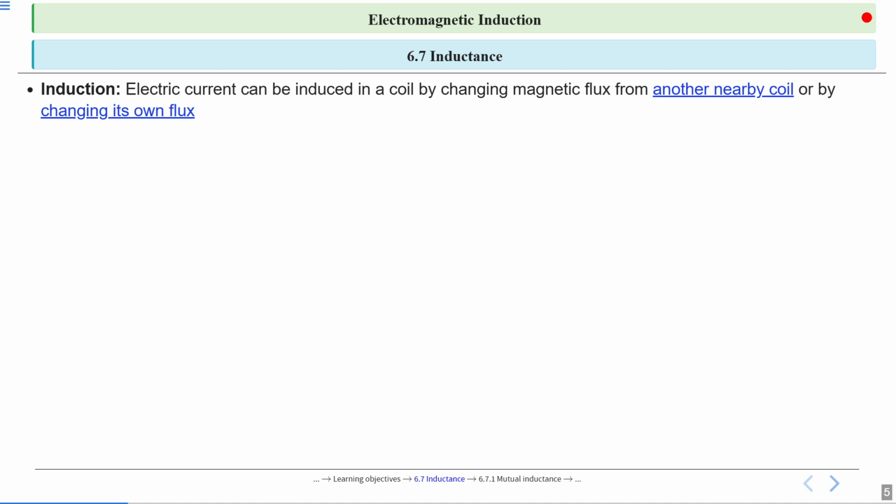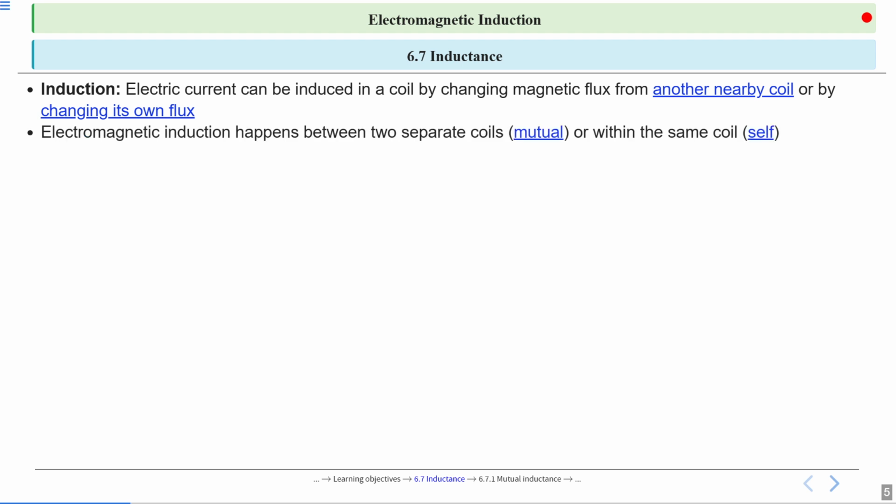Only one coil is there. We change the current or magnetic flux of the same coil, and EMF will be induced in the same coil also. When there are two separate coils, the induction is called mutual induction.